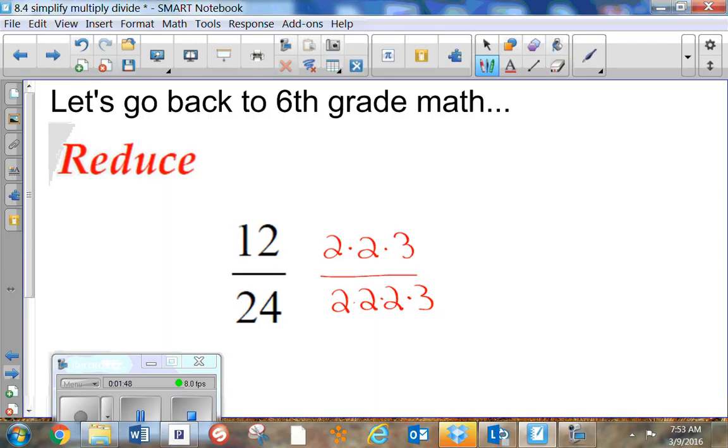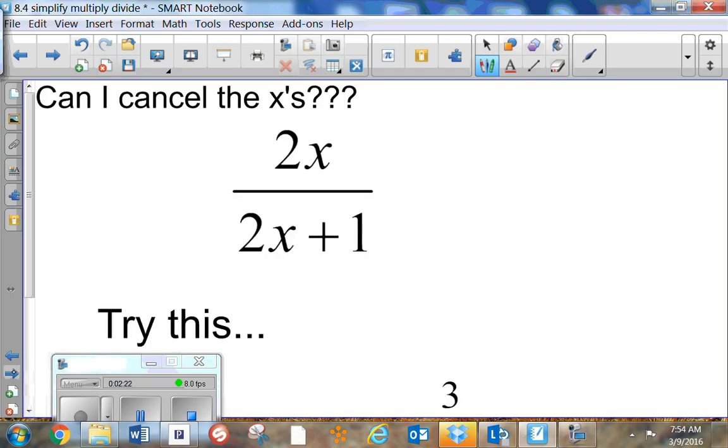You wrote the prime factors of each of those. And then you canceled out the common factors. So you went, this 2 cancels out this 2, this 2 cancels out this 2, this 3 cancels out this 3, and I'm left with 1/2. You have no idea that's what your brain's doing, but that's what it's doing. It's finding the common factors, canceling them out real fast, and seeing what you're left with. So that's the process that we're going to use when we have polynomial fractions.